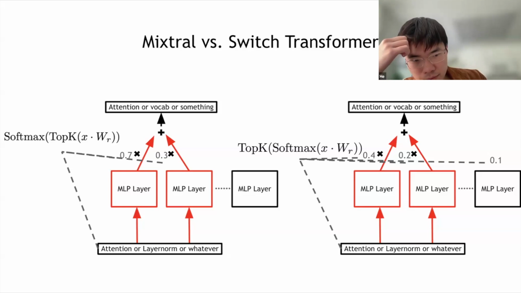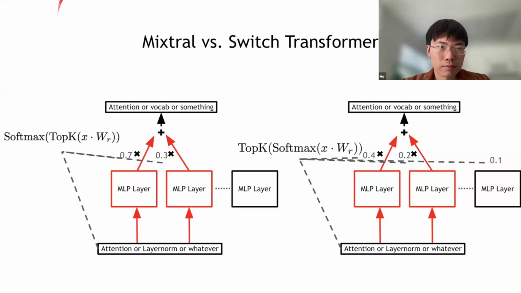So it looks like on the left, you only have two values that you're doing the softmax over, so you get a higher probability than the one on the right. And on the right you're doing softmax over all of the experts, so the probabilities are going to be much lower when you take the top K. Yeah, the probability here is much lower.